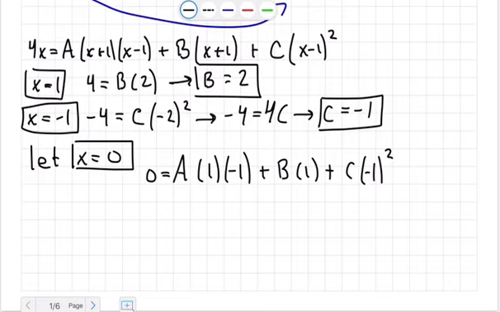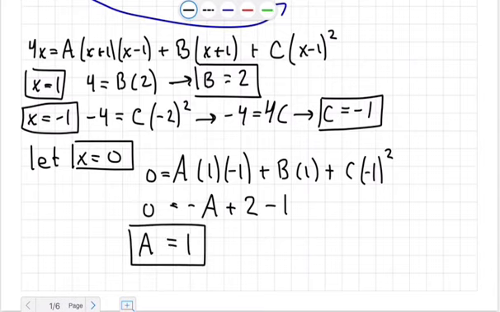And we know that b is positive 2, and c is minus 1. So really what we get is that a is equal to positive 1. And now we have all three, a, b, and c. We can go back and now look to integrate our decomposition.